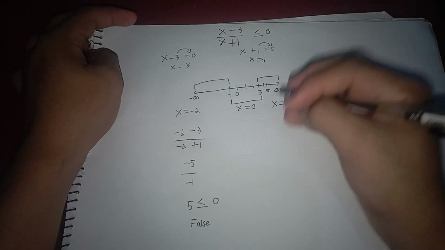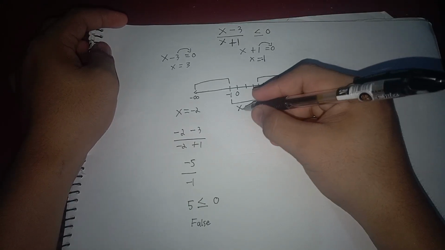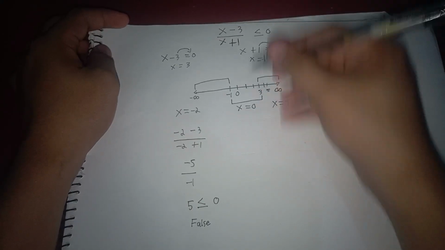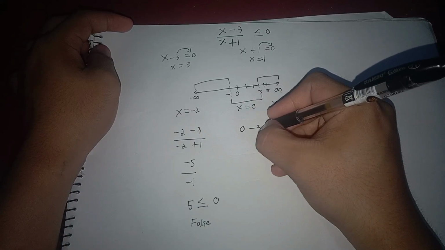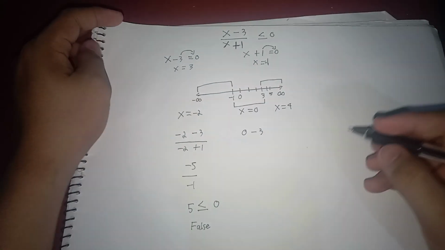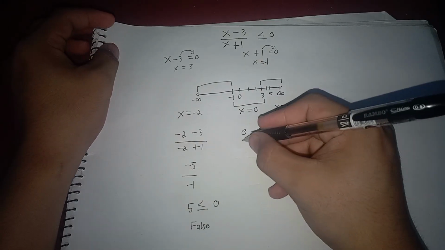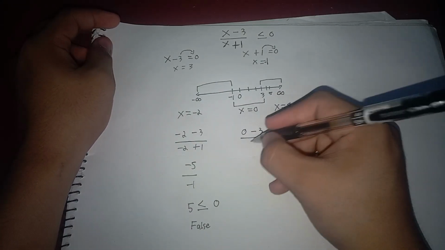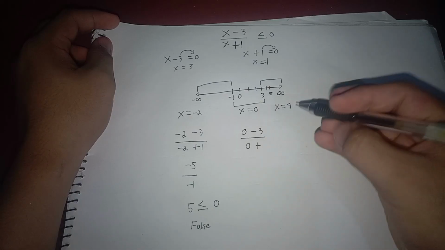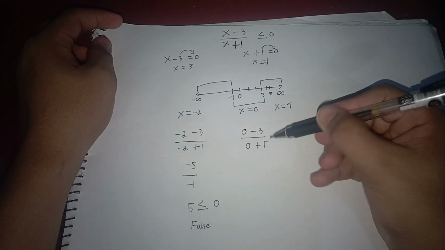Now 0. We're gonna do the same with this one. Just substitute the x there. So x is 0: 0 minus 3 over 0 plus 1.